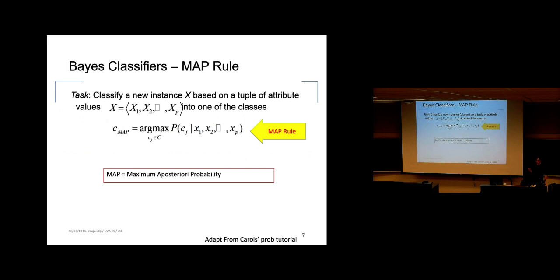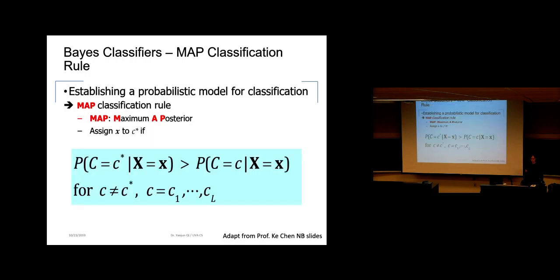Just to emphasize the testing rule: this is called the MAP rule, the maximum a posteriori probability rule, and the Bayes classifier uses this MAP rule. Previously I wrote argmax, which doesn't sound concrete, so let's make it even more concrete.